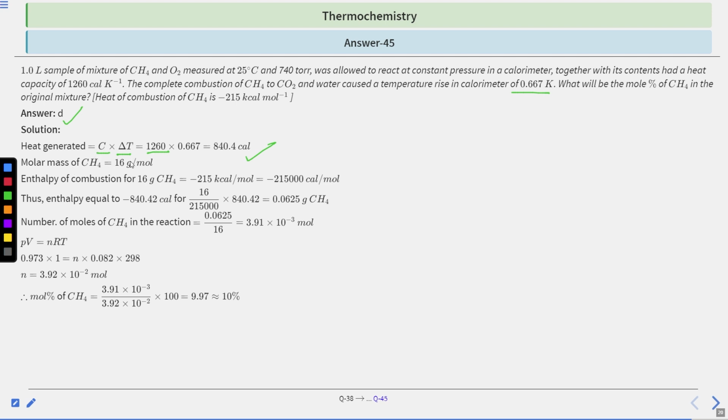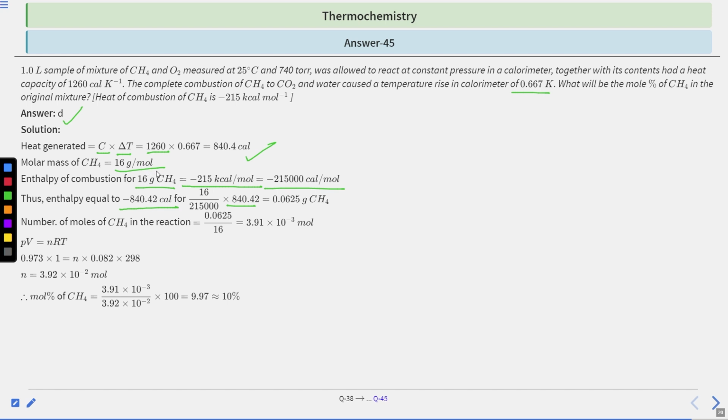The molar mass of CH4 is 16 gram per mole, and the enthalpy of combustion for 16 gram of CH4 is given as minus 215 kilocalorie per mole, which if we write in calorie, is minus 215000 calorie per mole. Thus, the enthalpy equal to minus 840.42 calorie, for 16 upon this multiplied by 840.42, equals 0.0625 gram of CH4.